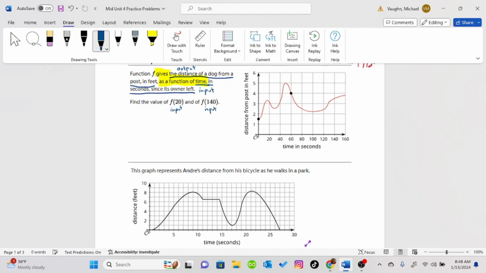So if we want the value of the function f at 20, we go over to where 20 seconds, we go up until we hit the graph, and then we look left to see what the value is. And at 20 seconds, the value is 3 feet. So f of 20 equals 3.